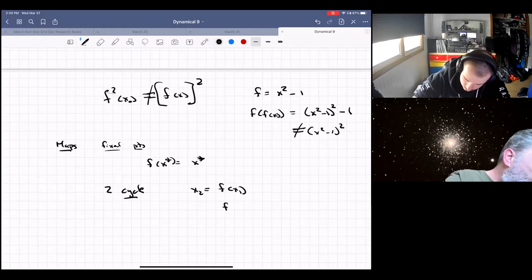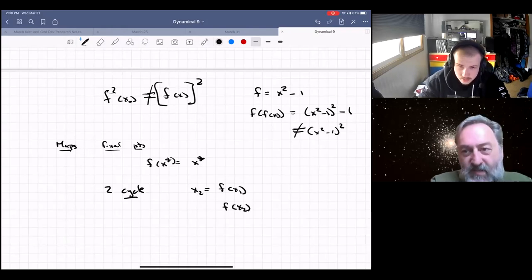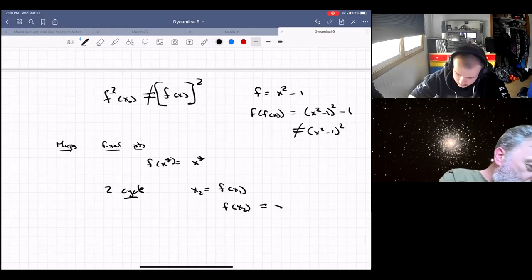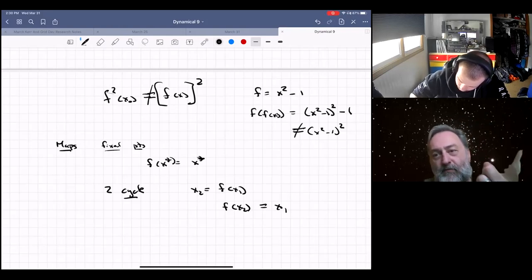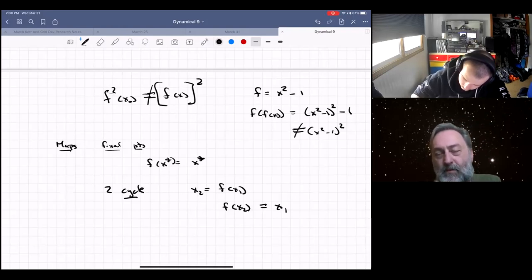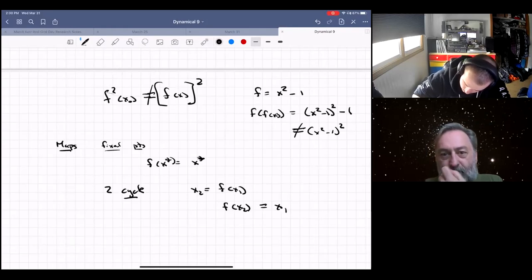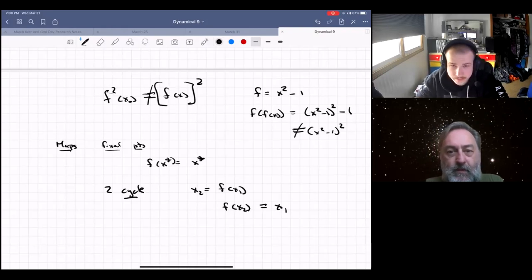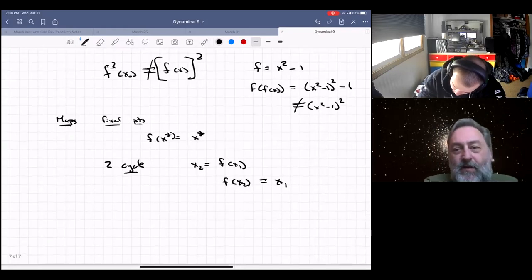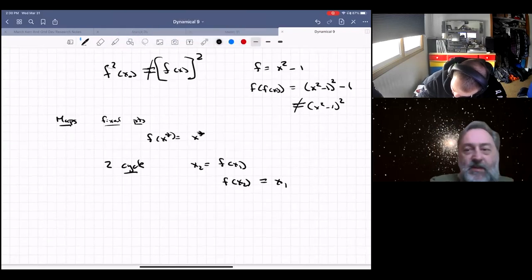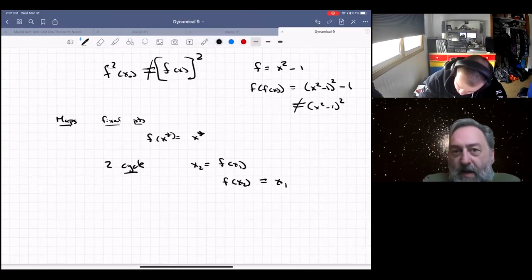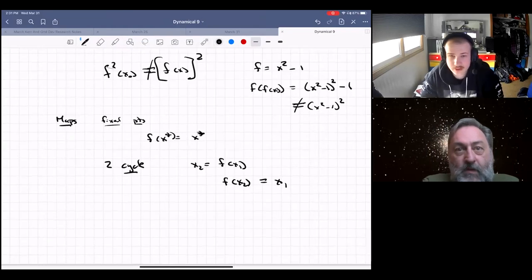But then if you take x2 and you stick it back into f, you get x1. So these are 2 points that are hopping back and forth between each other. Okay. Yep. And then you can have other cycles, right? You can have a 3 cycle or a 4 cycle or 5 cycle. These are just how many times you have to stick the thing into there and get it to come back. Good? Yep, good here.